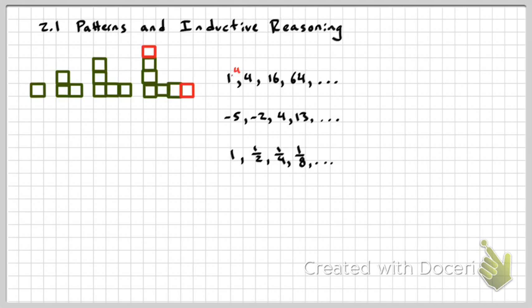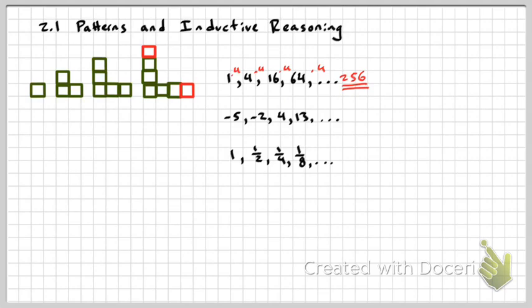So 1 times 4 is 4. 4 times 4 is 16. 16 times 4 is 64. So that means to get my next number, I would do 64 times 4, and I would get 256. And again, the reason I'm making this conclusion is based off the previous information that was given to me.